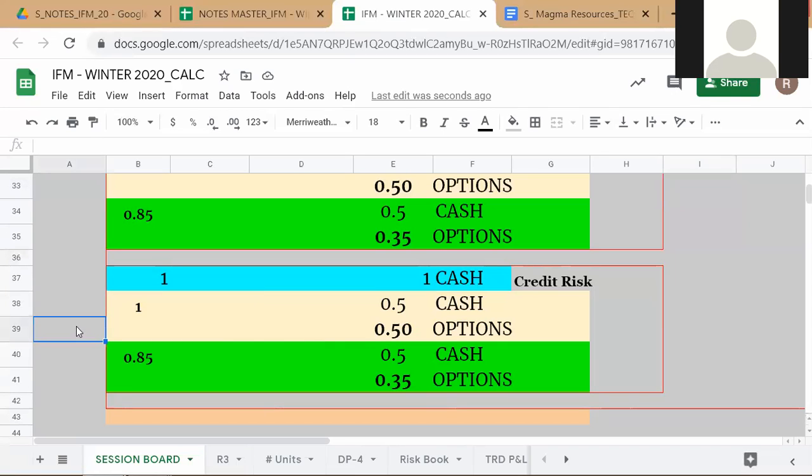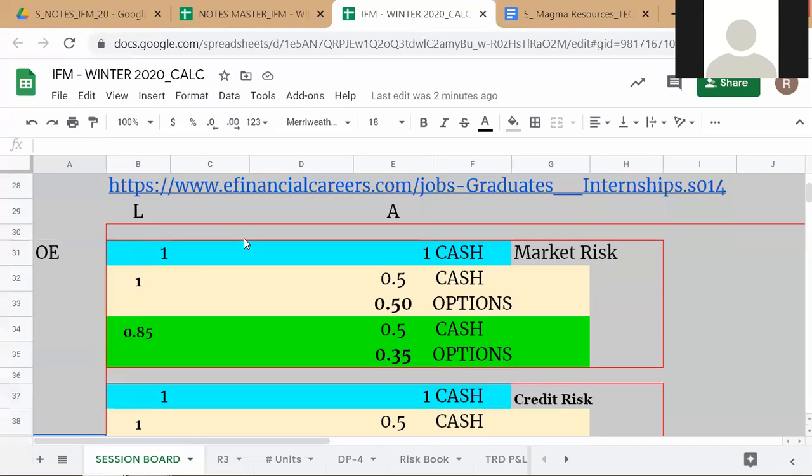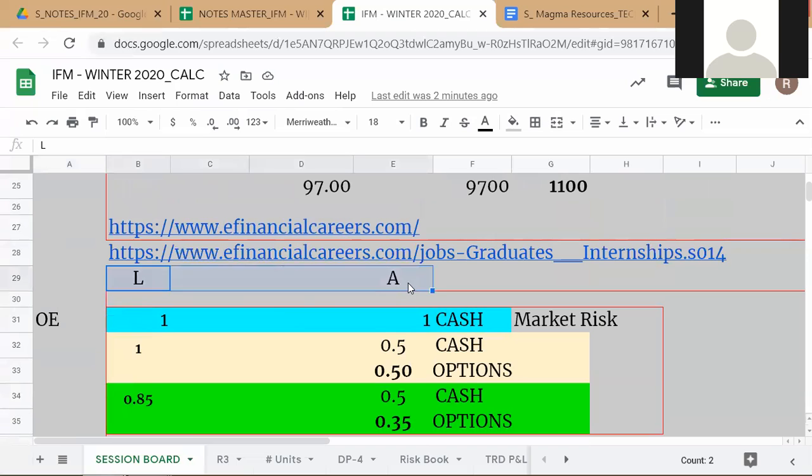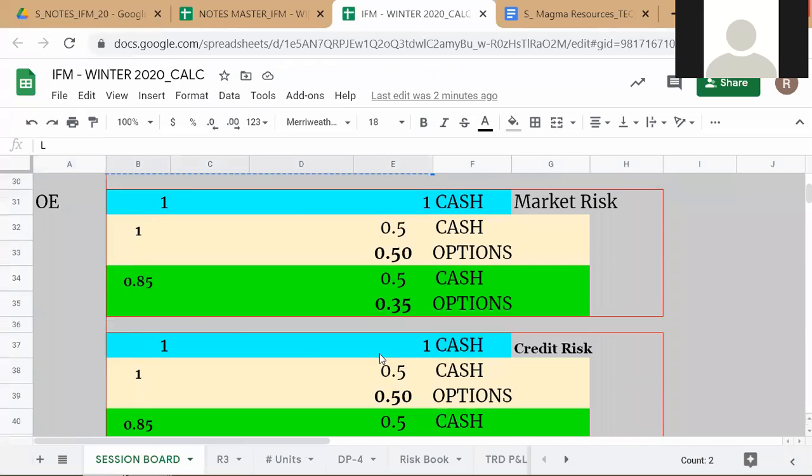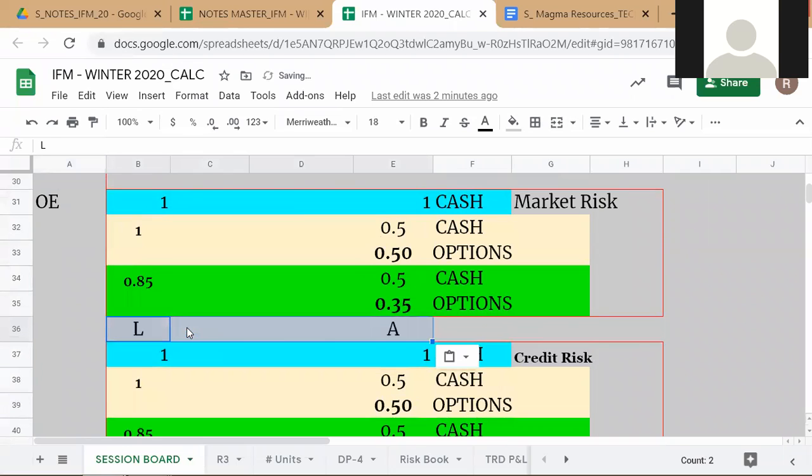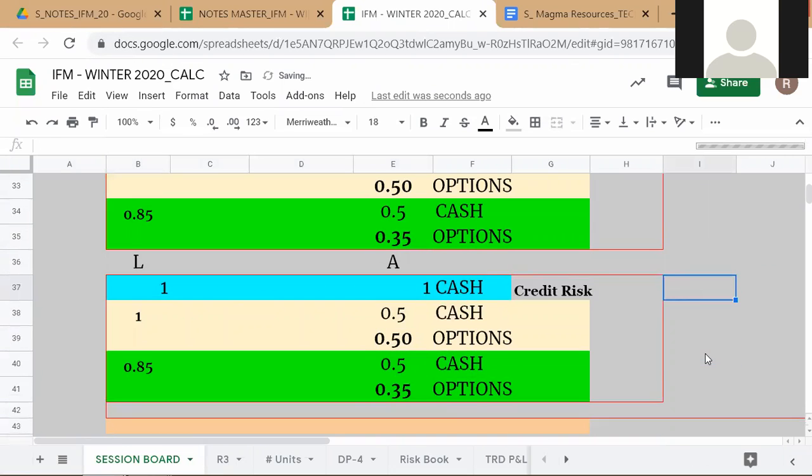Okay, so this is where we are now. This is the balance sheet, your assets and liabilities. We are showing you pure examples of a balance sheet with credit risk and a balance sheet with market risk. Now, looking at credit risk, you have liabilities and assets.